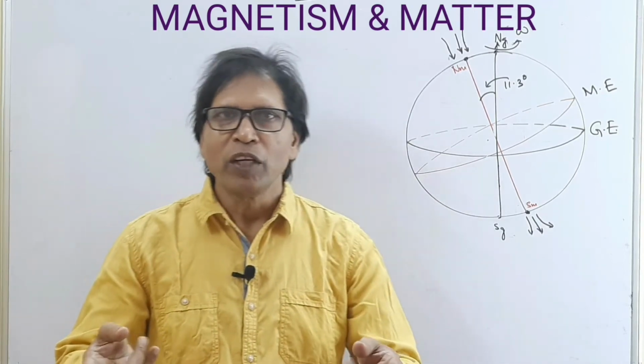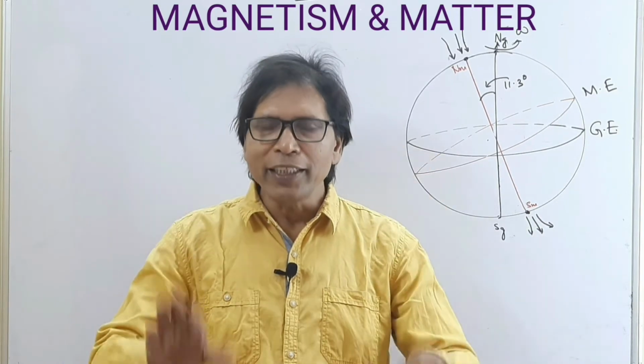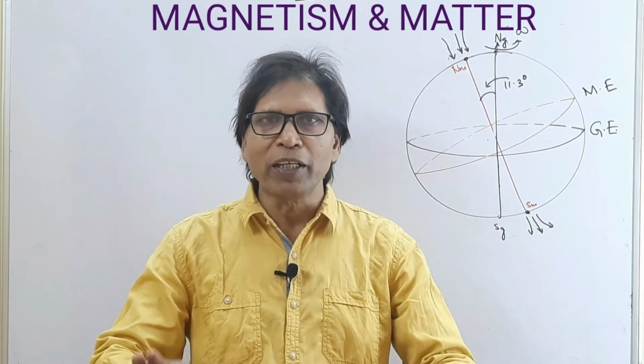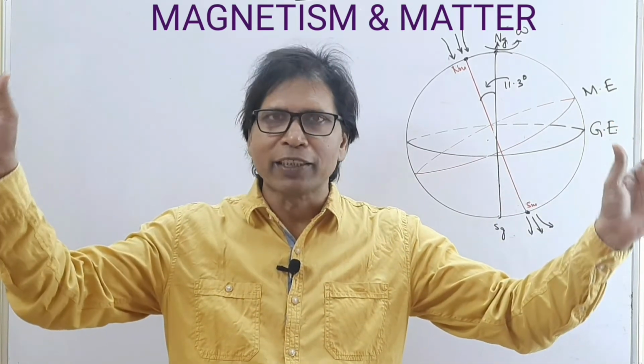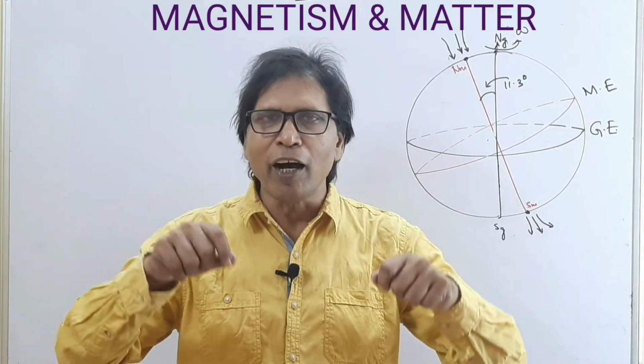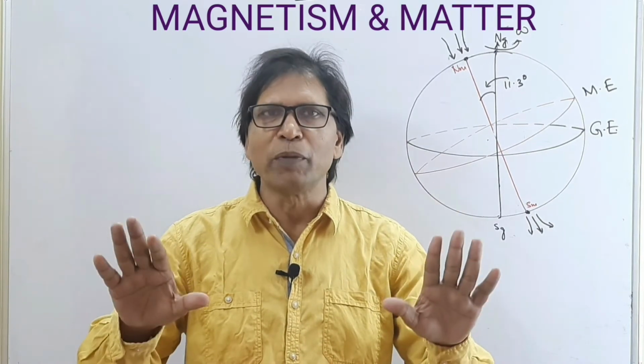Number 3, an iron bar oriented along the north-south direction gets feeble magnetism. And number 4, the existence of Earth's magnetic field is detected at a long distance from the Earth's surface. From these observations, it can be proved that Earth is a huge magnet.